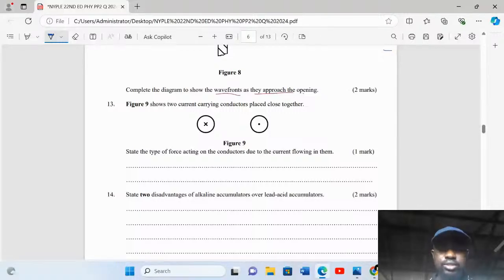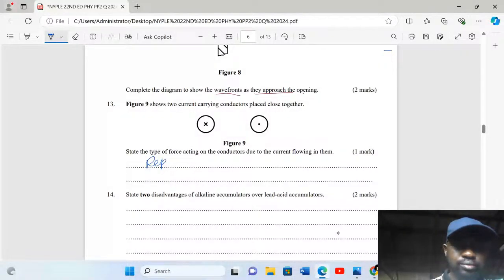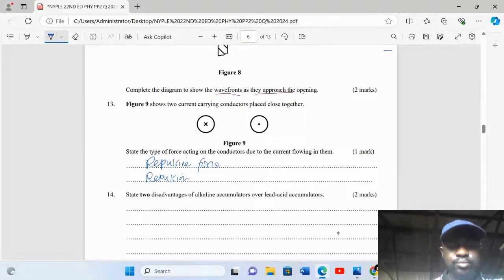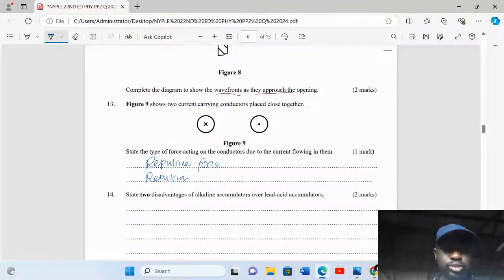In this case, we expect these two conductors to have a repulsive force. You can say repulsion.